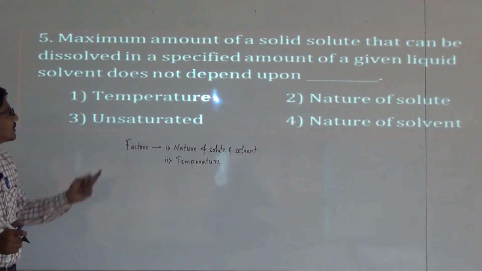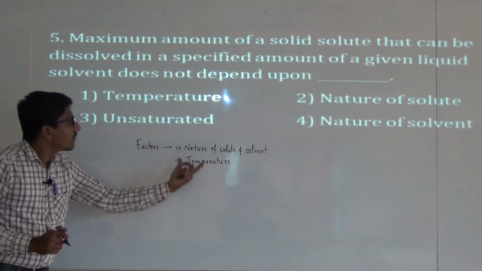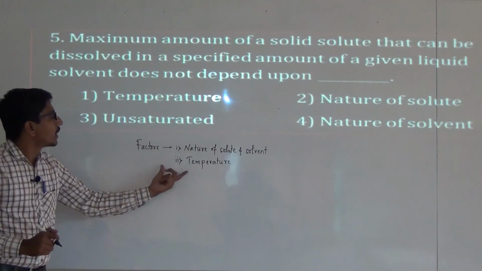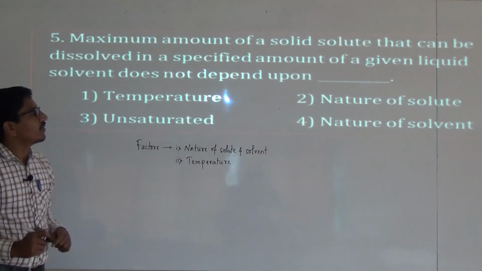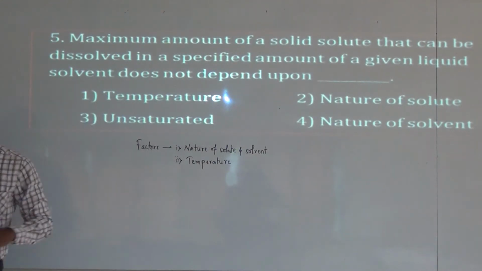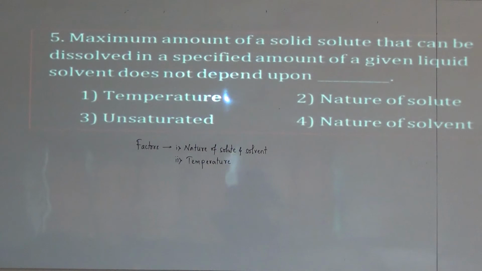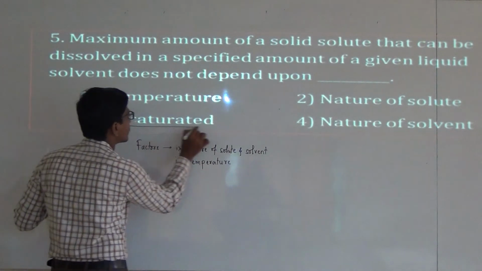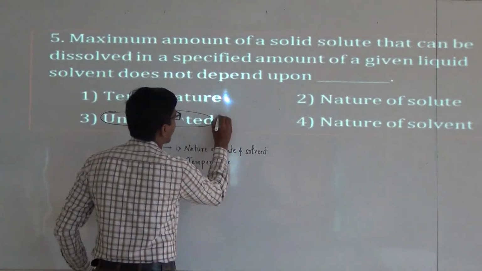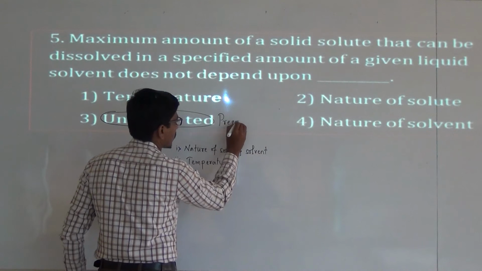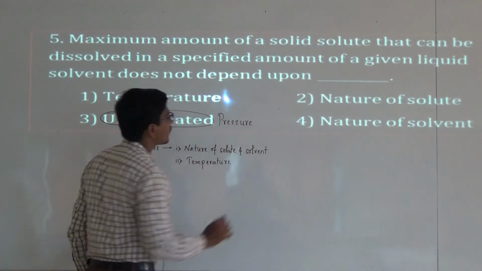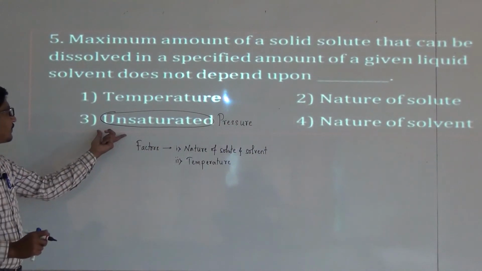The pressure does not have any effect on the solubility of solid in liquid. In this, option 4 is not unsaturated. This one is pressure. Option third one is pressure.